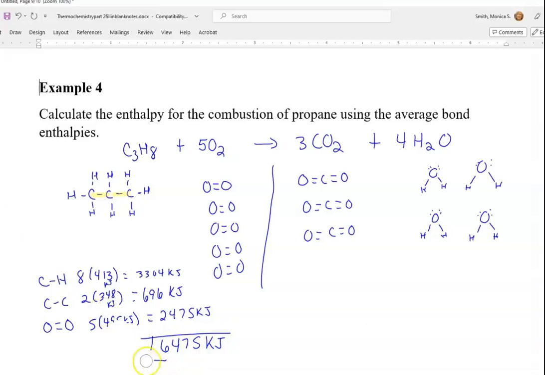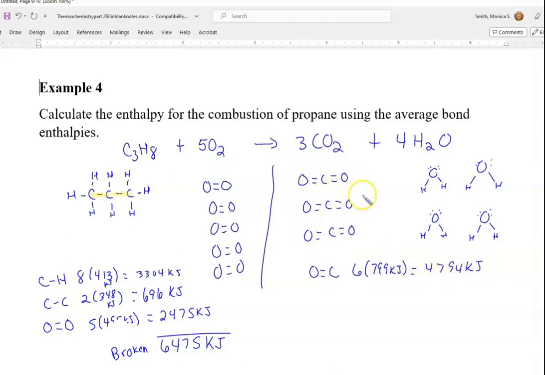That's this side. That's the broken side. Now the formation. So we've got an oxygen double bonded to a C, and there's 1, 2, 3, 4, 5, 6. I've got 6 of those, and those are 799. That is 4794 kilojoules.